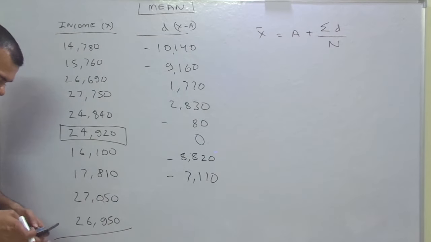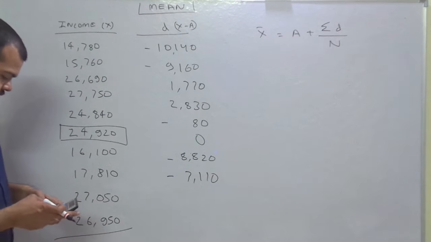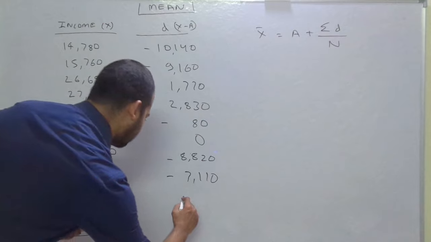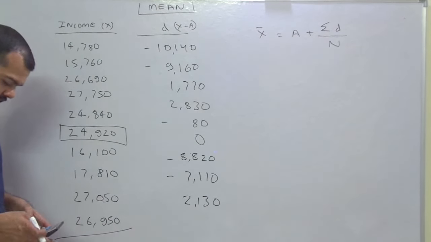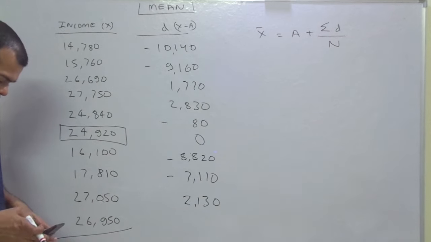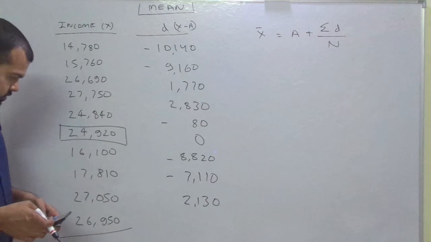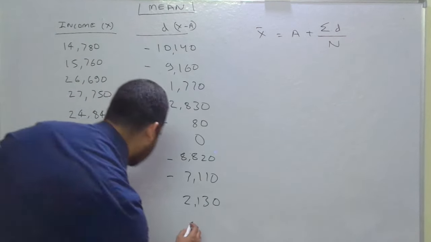For this figure, 27,050 minus 24,920 comes out as 2130. For the last figure, 26,950 minus 24,920 is 2030.